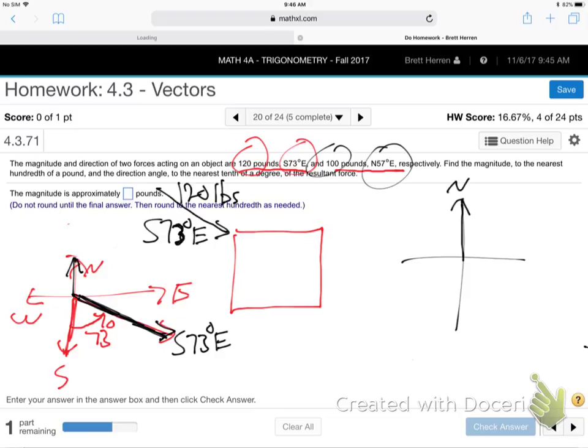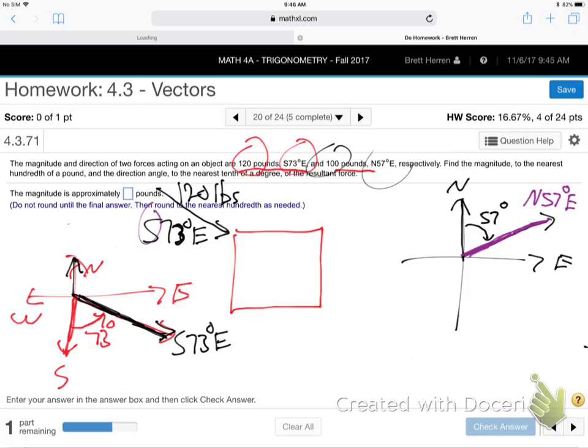But it's from there 57 degrees east of that. So again, east is to the right. So from north, a little more than half, 57 degrees east of north. Right there. North, 57 degrees east. Is that good? You guys getting the hang of that?